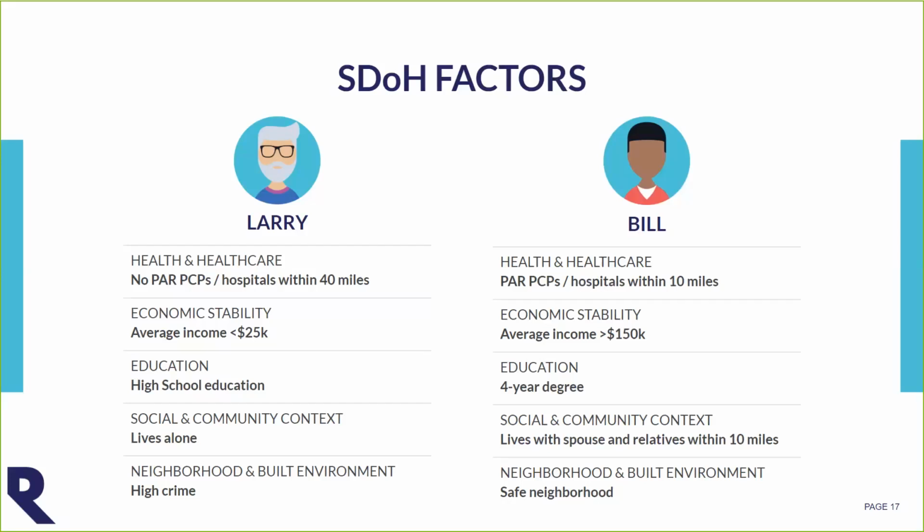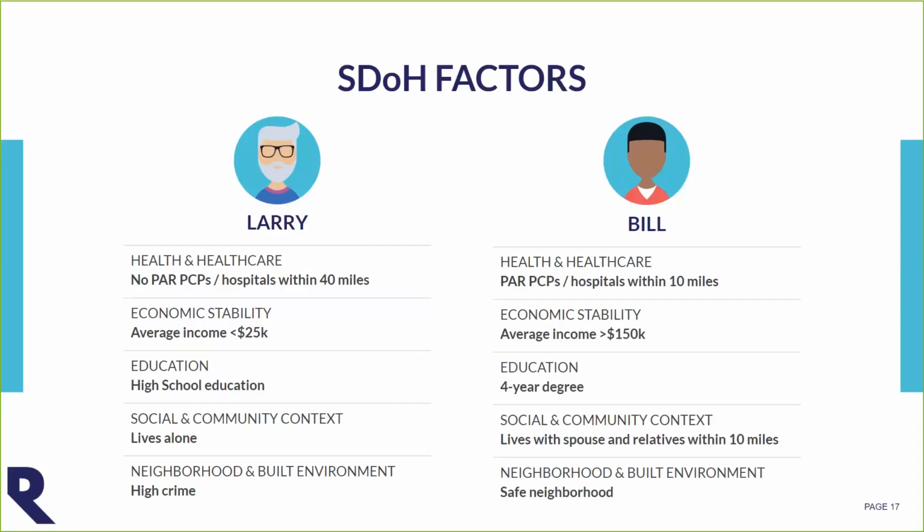He has a high school education. He lives alone, and he lives in a neighborhood where there is high crime. On the other hand, when we look at Bill, we find that there actually are doctors and hospitals and clinics within 10 miles of where he lives, so much more accessible. He has a much higher income, above $150,000. He has a 4-year degree. He lives with a spouse and relatives nearby, and lives in a safe neighborhood.